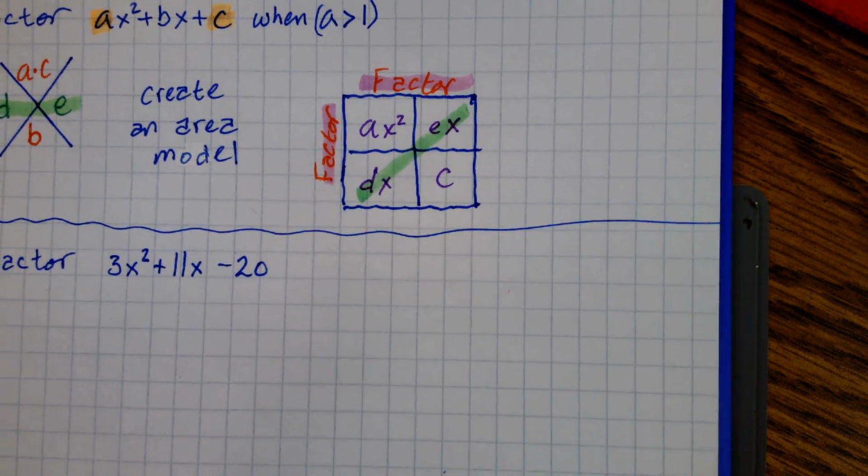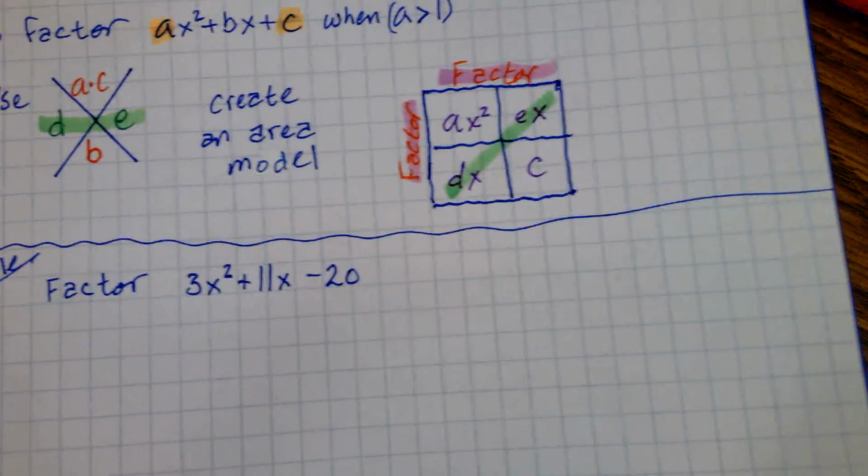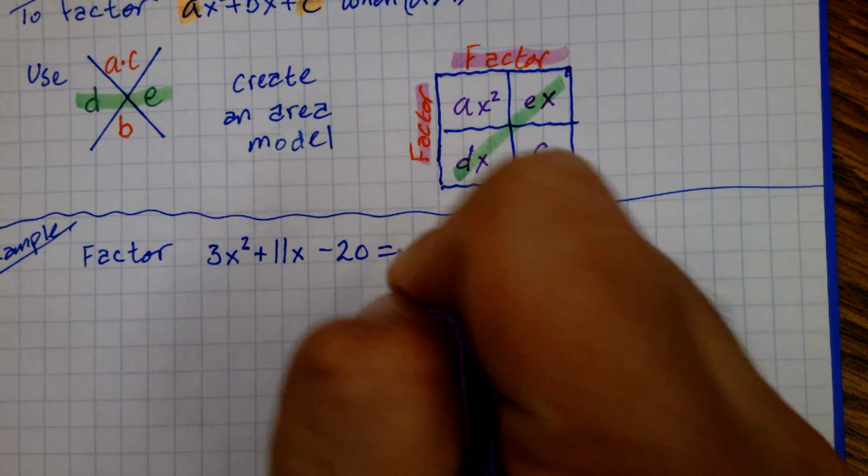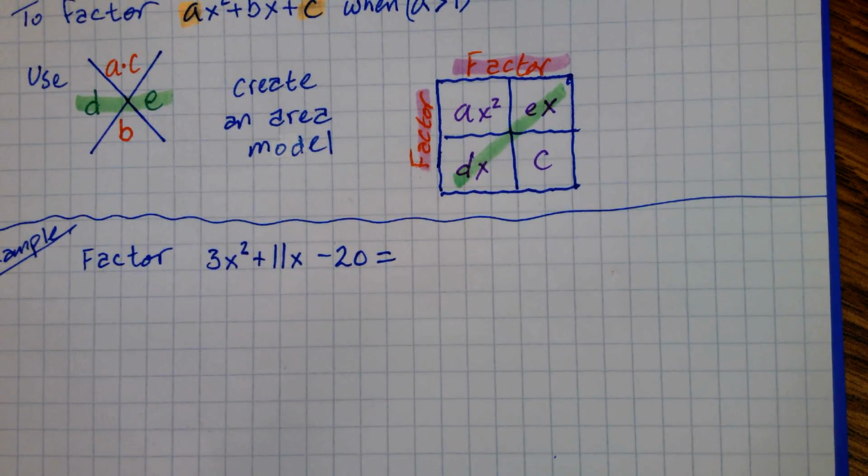Okay? So we want to factor that. We want to see what it breaks down into. We should get two binomial factors.